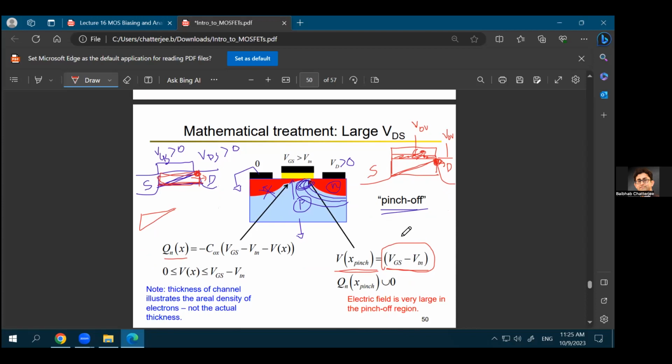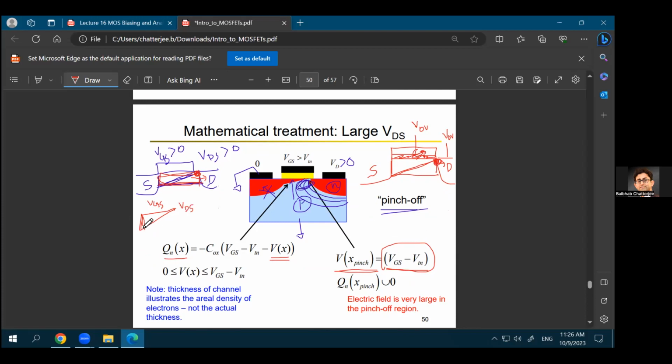So when you have a pinch-off, or basically when you do not even have a pinch-off, the channel charge will be a function of the voltage across different regions of the channel. You already had VGS minus VT, that is the voltage seen at the source side, but the voltage seen at the drain side will be very different, because you have a VGS applied at the gate and you have a VDS applied at the drain.